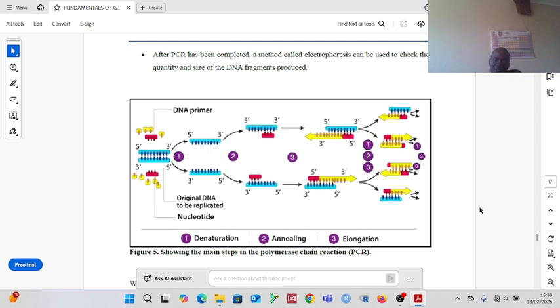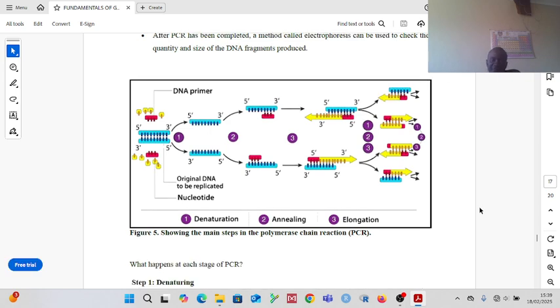On page 17, where you have figure 5, we have a figure showing us the 3 stages. Denaturation, we are heating. We begin at the extreme left with all the requirements: the DNA strand, the DNA primer, the dNTPs, or the DNA nucleotide bases, the enzyme, and the buffer.